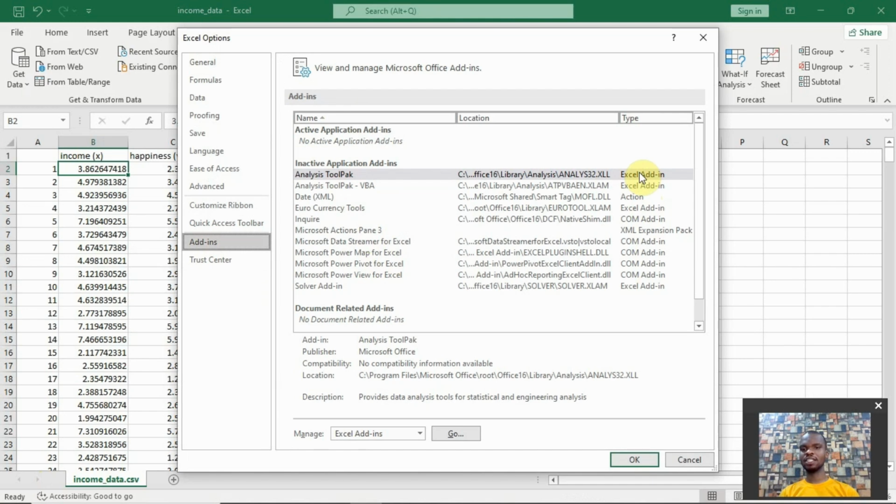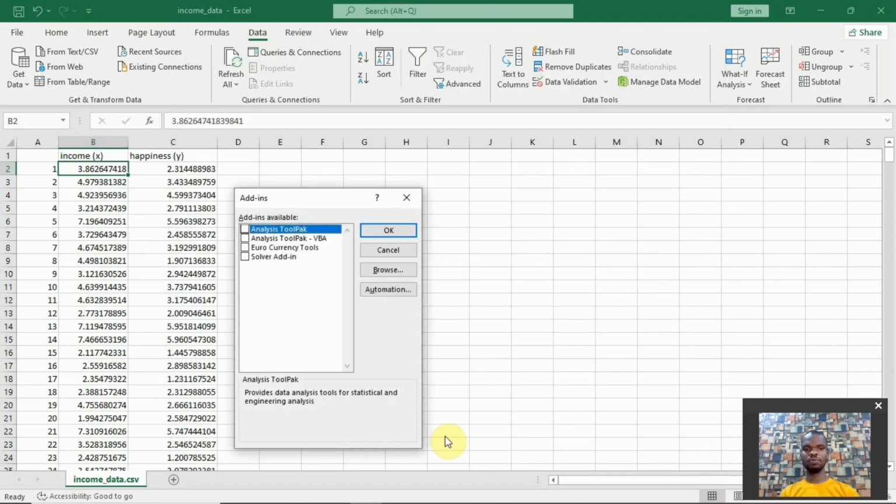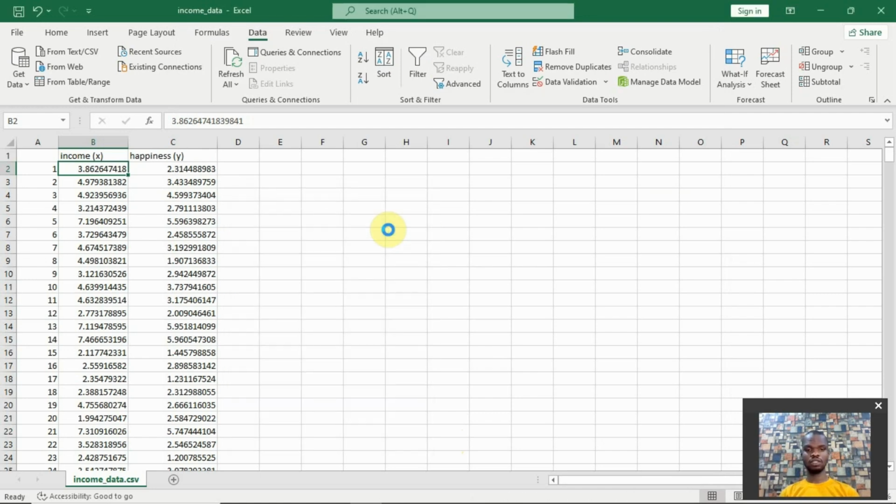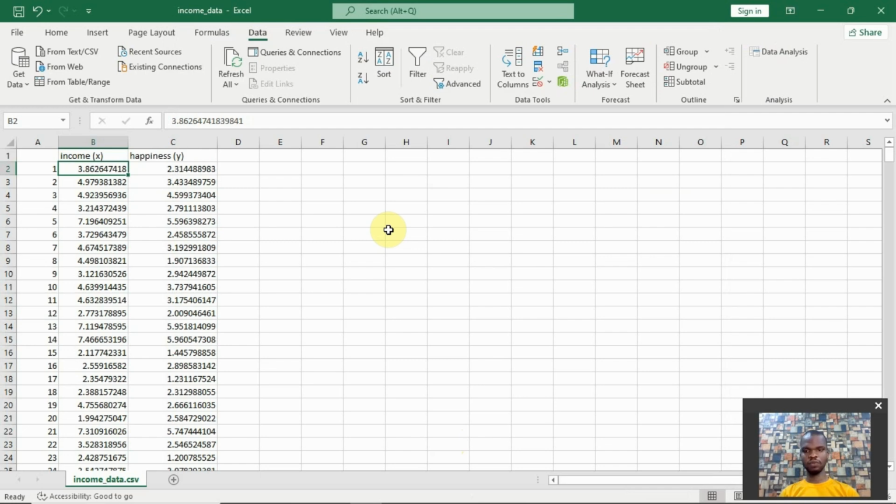And this is an Excel add-in. So you make sure what you have selected here is an Excel add-in. And then you select Go. And I want Analysis Toolpack, which is what contains our data analysis. And we select OK. If you've done that well, you would have seen that the data analysis now appears here.